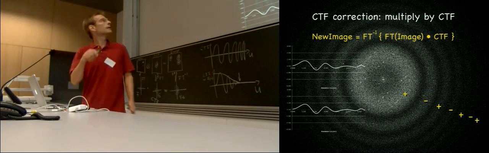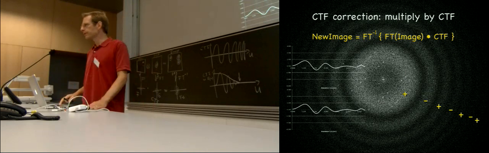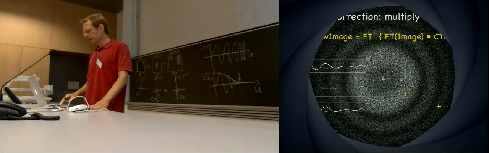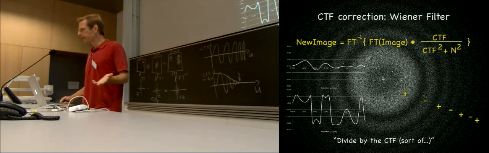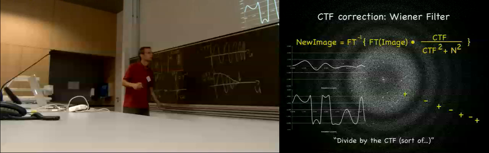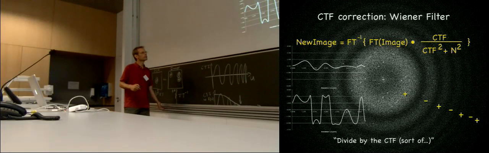Some people use this CTF-corrected image then to look for features, for particle picking, for example. And what we do in the MRC software is a Wiener filter.